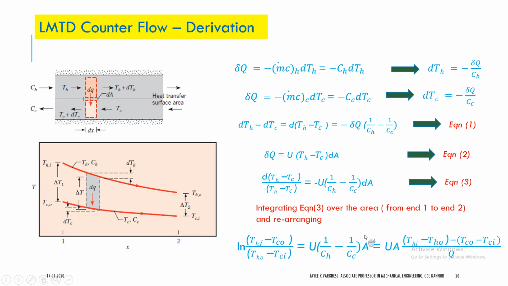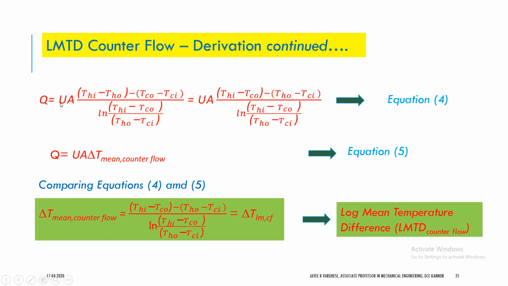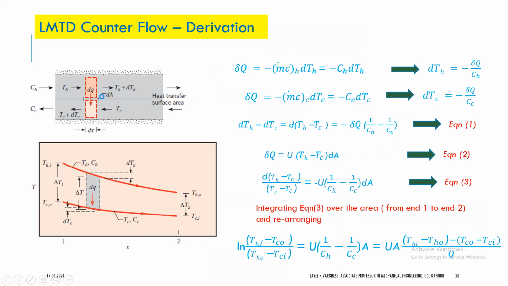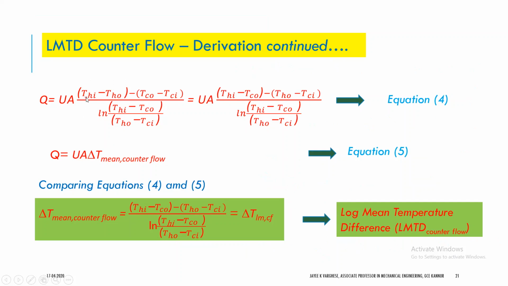So that will become Q is equal to UA into THI minus THO minus TCO minus TCI, divided by log of THI minus TCO by THO minus TCI.